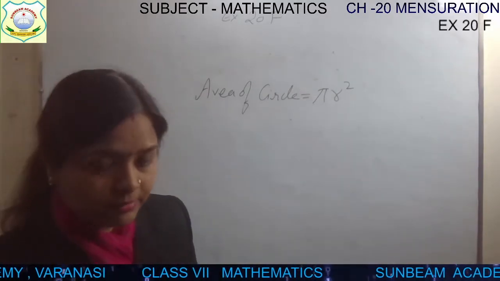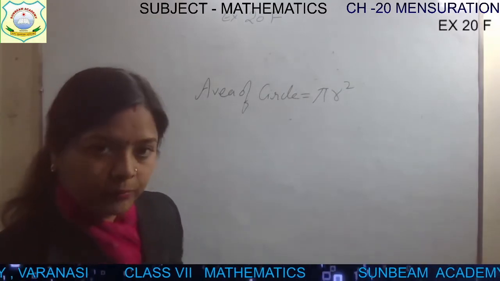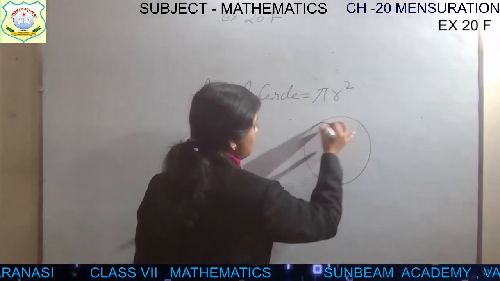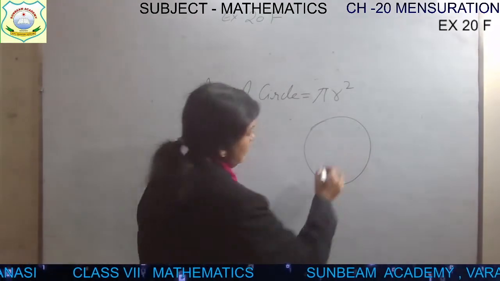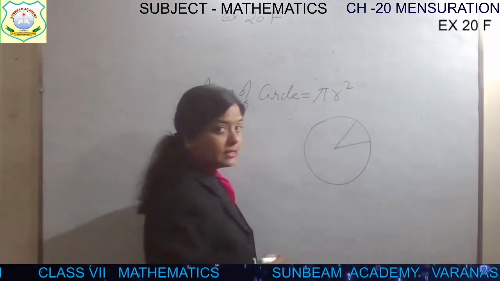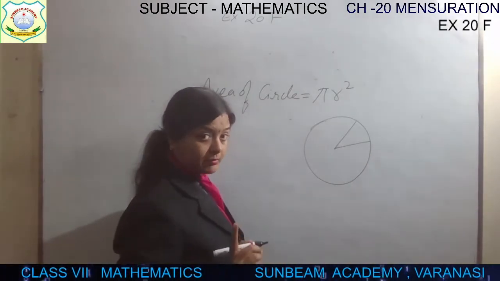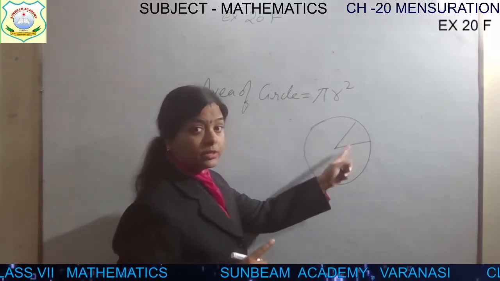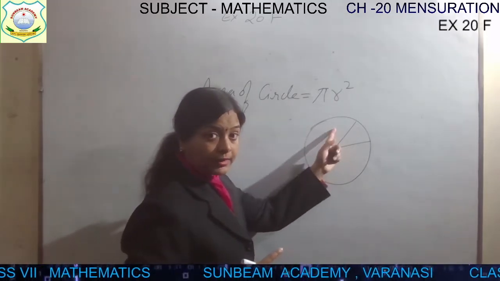Let's see one time, then I am going to explain it. See, we are having a circle, and we have divided it into sectors. This is called a sector. Okay, a segment is made by using the chord, and a sector is made by using two radii. One radius, another radius.